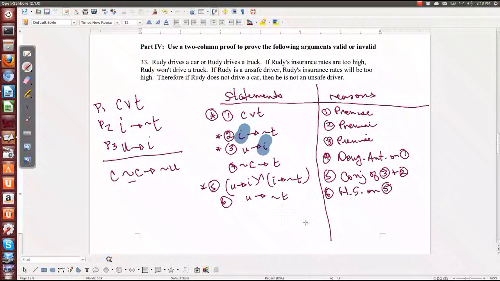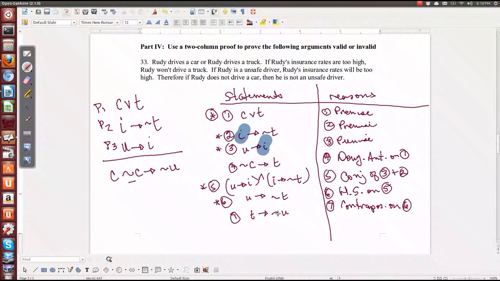So I need to do something that's going to exchange and negate my antecedent and consequent, and that's contrapositive. Now, when I do the contrapositive on step 6, that's going to give me a regular T conditional negated U.